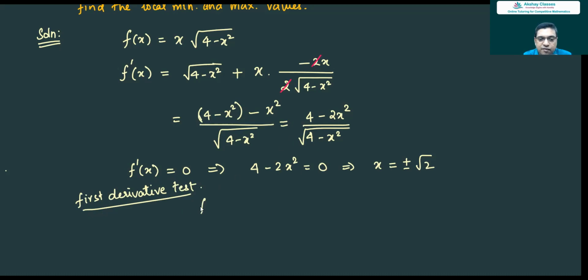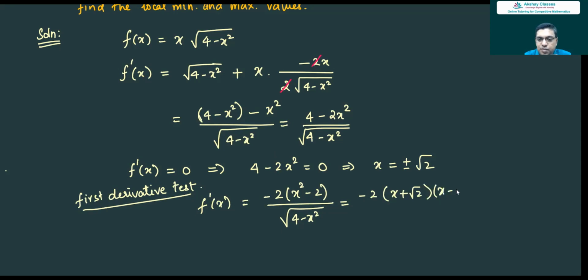So now f dash of x, I will write by taking 2 common, or say minus 2 common. I get x squared minus 2 by under root of 4 minus x squared, and this is x plus under root 2 into x minus under root 2. Now, in the domain of discussion, when x is around either plus root 2 or minus root 2, the denominator is under root 2.